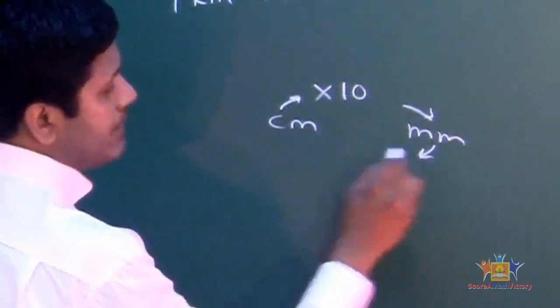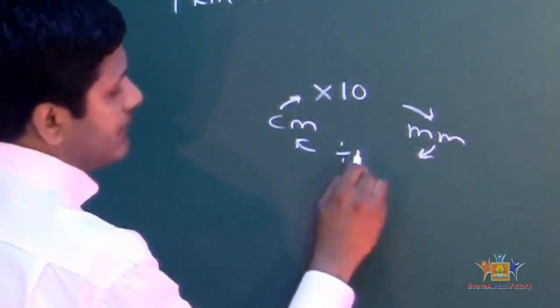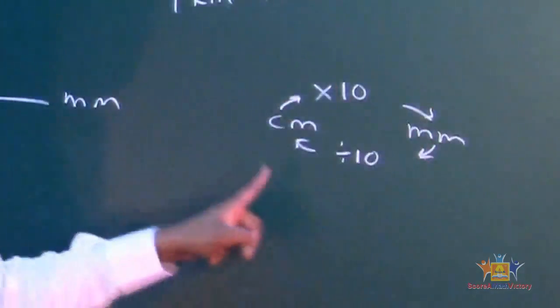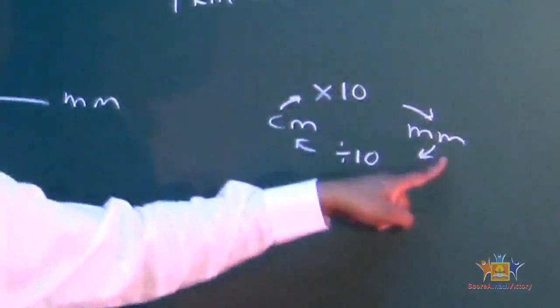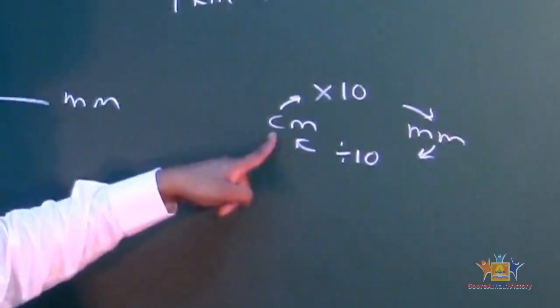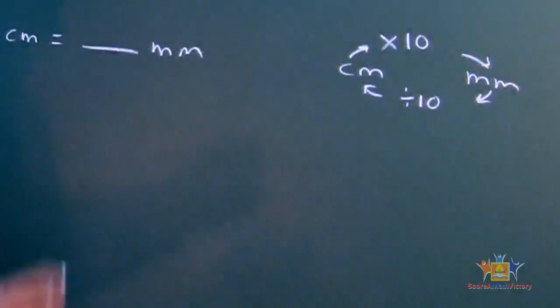When you go from millimeters to centimeters, you divide by 10. So always remember the rotation method.